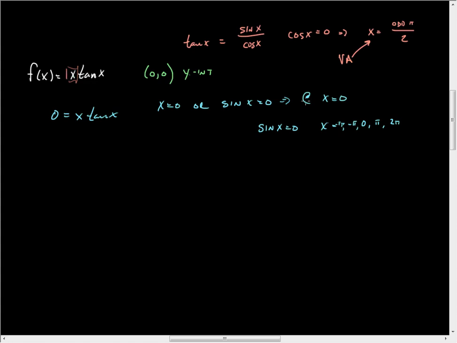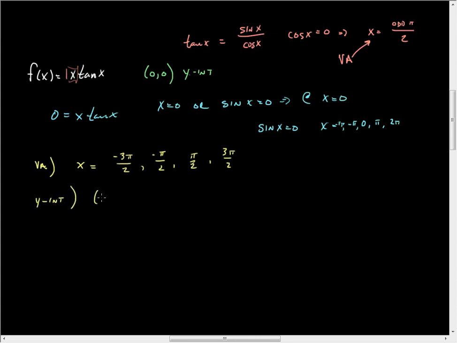Now let's make a list because I'm already losing track. We have vertical asymptotes at x equals negative 3 pi over 2, negative pi over 2, pi over 2, and 3 pi over 2. We have a y-intercept at (0, 0).